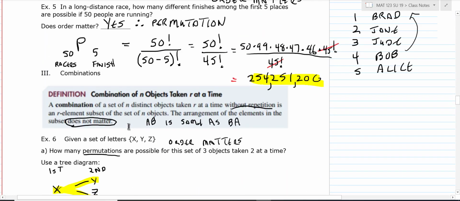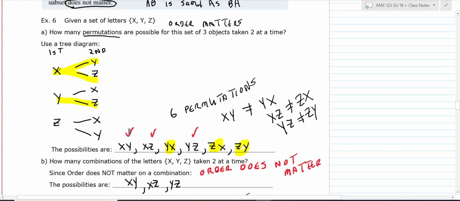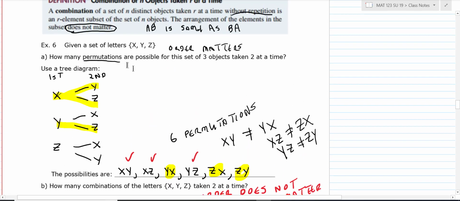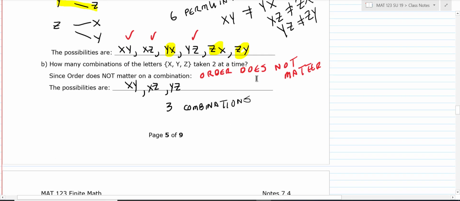If you back up a couple of pages, that's the permutation formula. So the only difference is you divide by that r factorial. On this problem, the r factorial would be 2 factorial. All right, so that's how that goes.